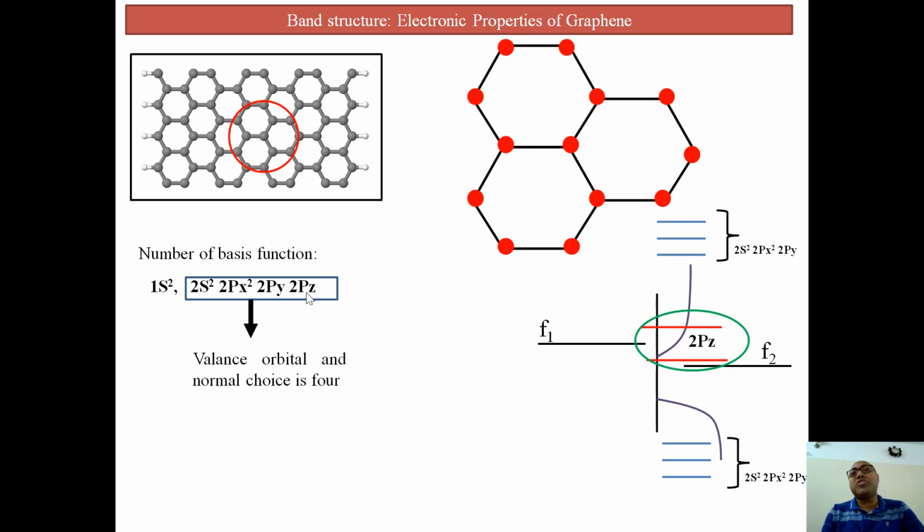And that depends on the choice, what type of properties you are looking for. Suppose you are looking for electronic properties of this type of structure, I think only the basis function corresponding to Pz is fine. But those people who are really looking for optical properties, I think it's better to consider 4 basis functions. Okay, because it doesn't matter, because once you write a code, it can solve everything.